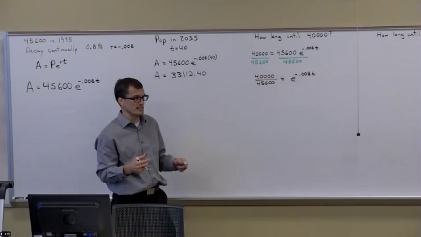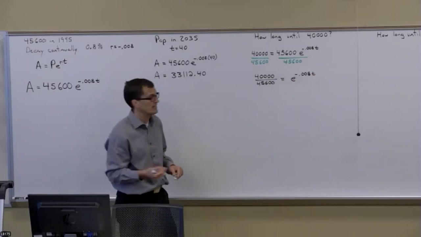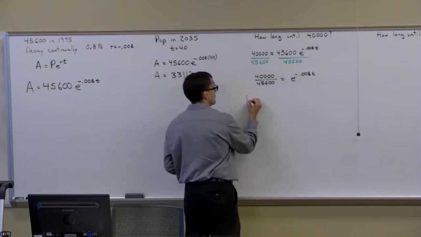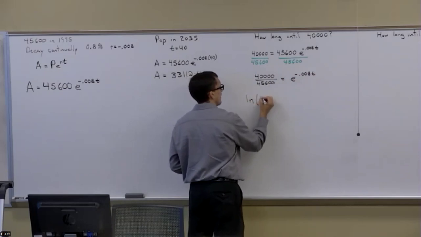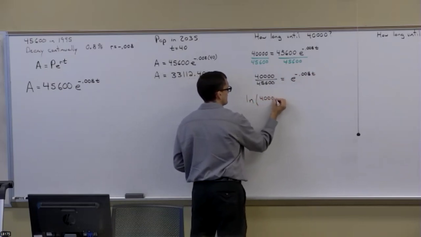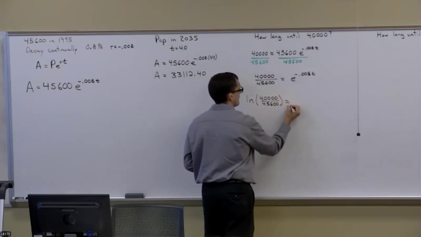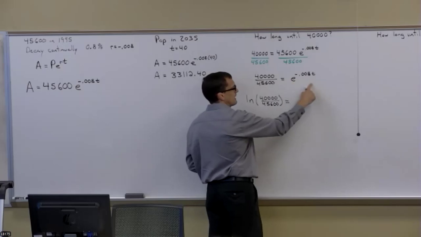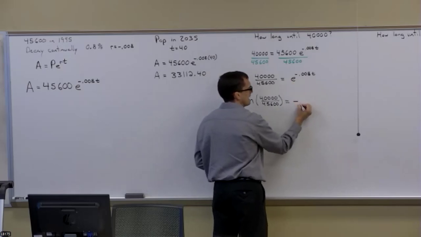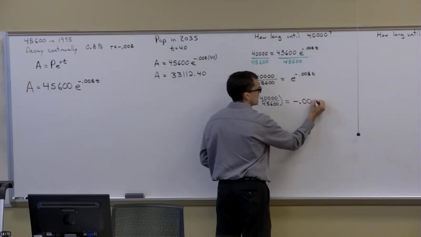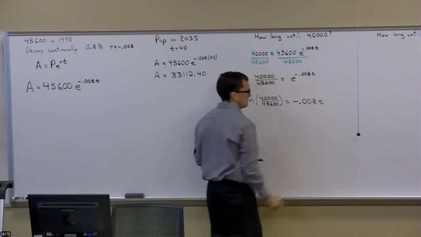Since I have base e, I'll apply natural log to both sides. So natural log of that ugly fraction is equal to, when I take natural log of the right-hand side, I just get negative 0.008 times t.